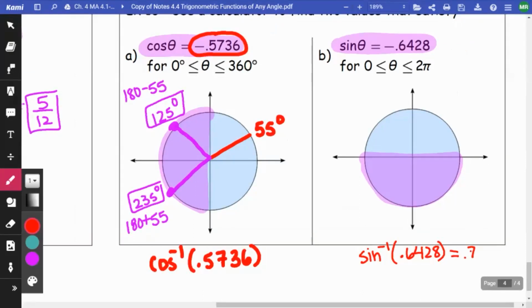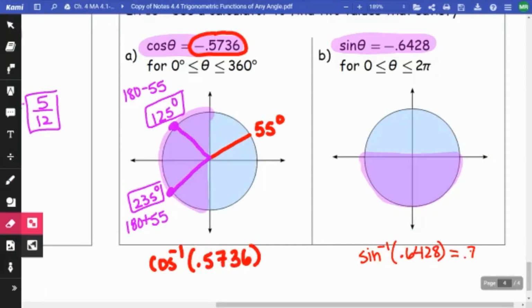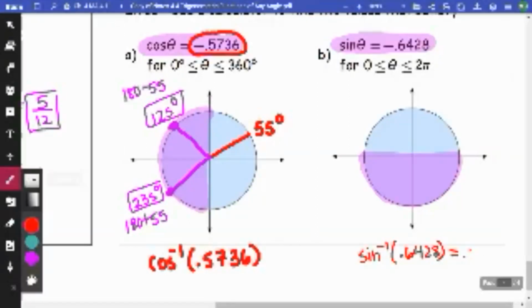So it's about 0.70. Over here, it's about 40 degrees, so let's just say it's here. This was 0.7 radians is what I'm talking about.